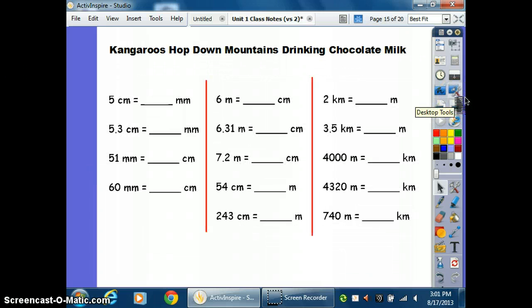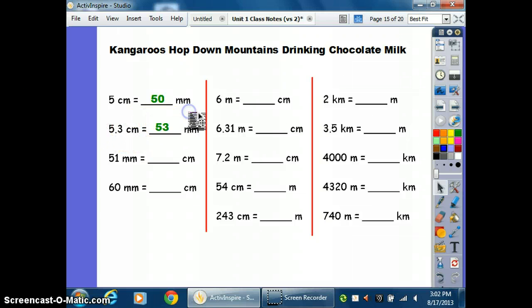Let's try some conversion now. Our last page. The first column, we want to just go from centimeters to millimeters, back and forth. You can see that's just one step. Centimeter, millimeter, millimeter to centimeter. So if we say 5 centimeters, we know our decimal's right behind the 5. And we're going to the right 1 place. So it should be 50. Again, centimeters to millimeters. The decimal point is here. Move it to the right 1 place.